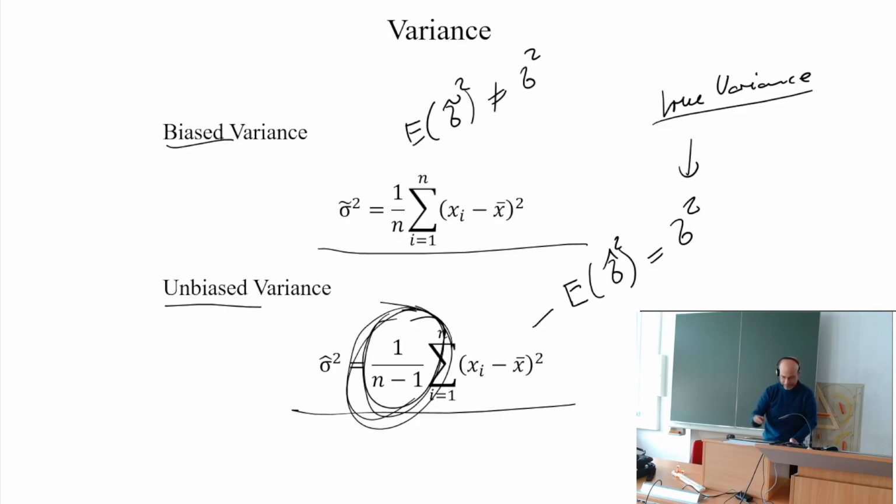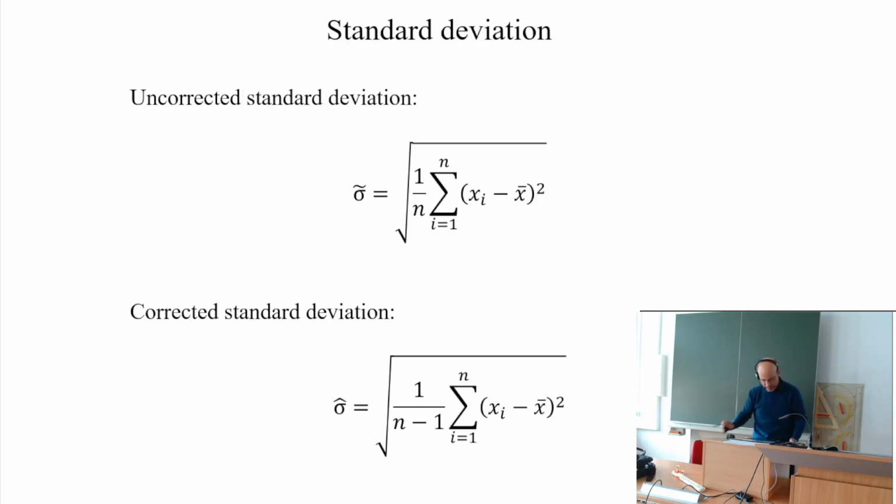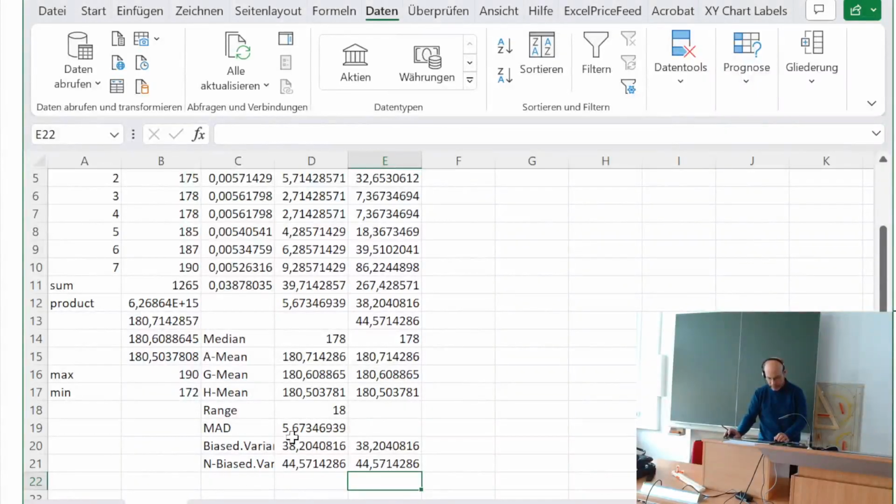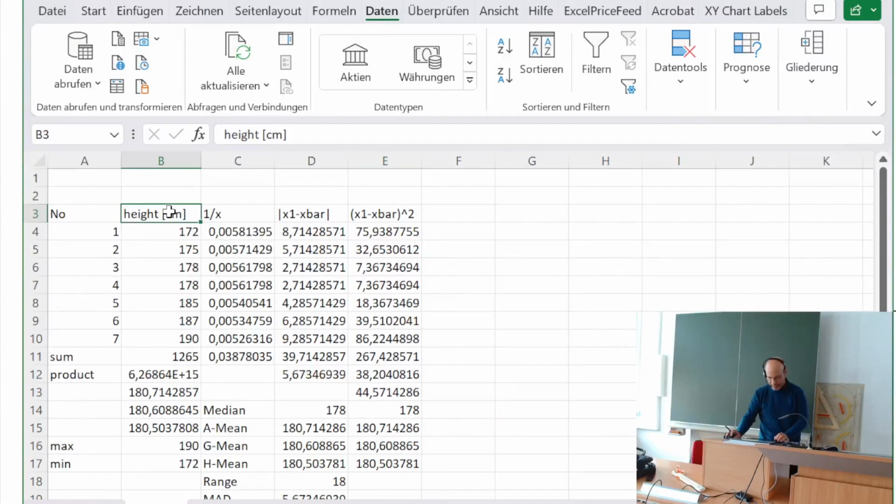Okay, so one property of the squared distances is that if we take our data set of our heights here, then this is centimeter. So this is centimeter.